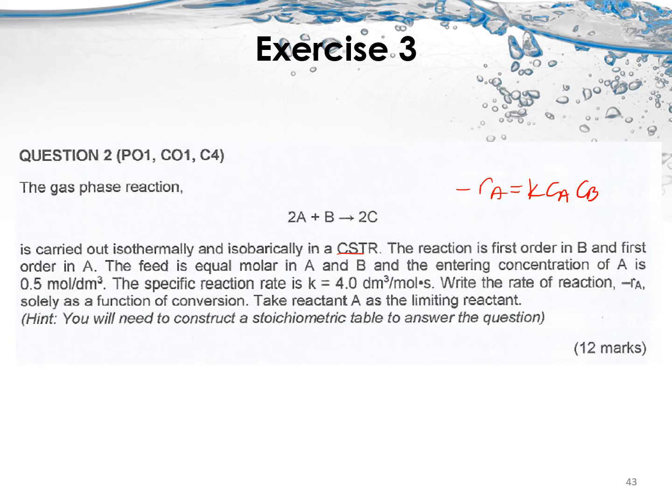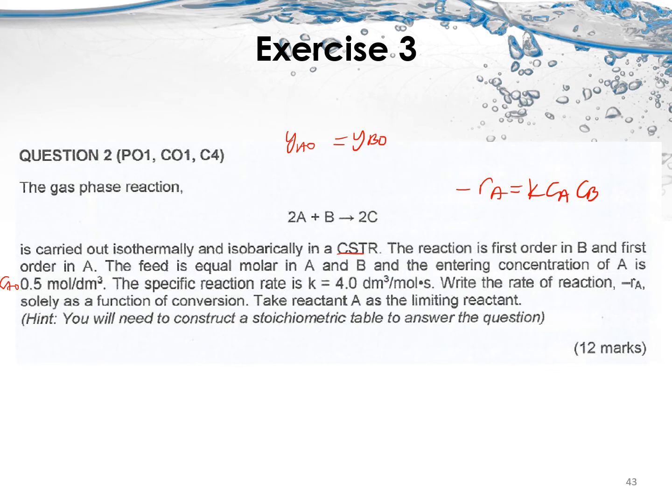The feed is equimolar in A and B, and the entering concentration of A is 0.5 mole over decimeter cube. So this would be the C_A0. A and B are equimolar, which means that y_A0 is equal to y_B0.